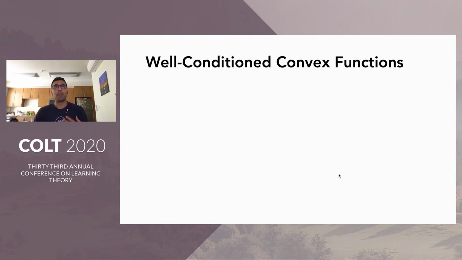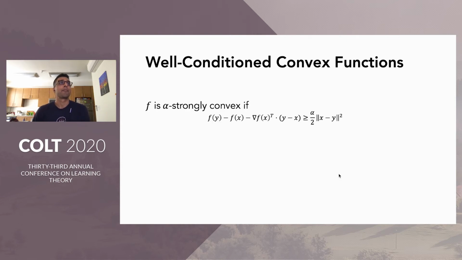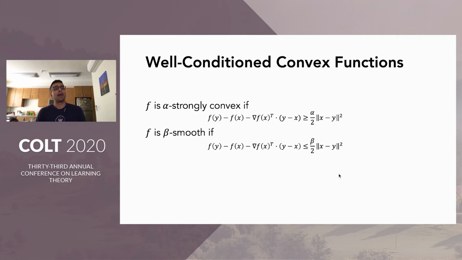So before I state our result, let me define what well-conditioned convex functions are. A function is alpha strongly convex if, intuitively, it's not too flat. And we say a function is beta smooth if it's not too sharp. So pictorially, what this means is that every function above the bottom black line is alpha strongly convex.